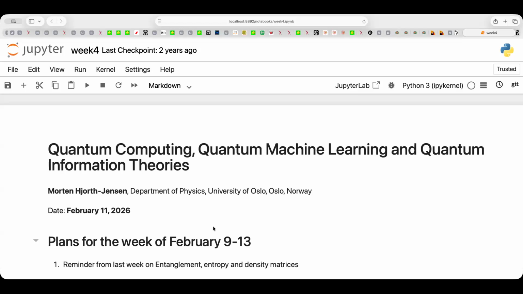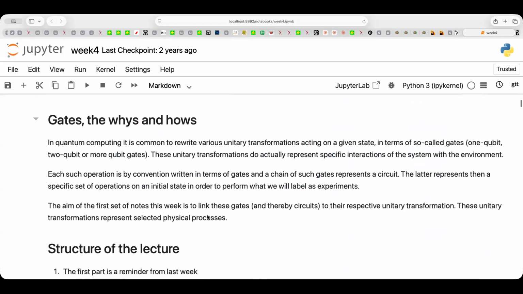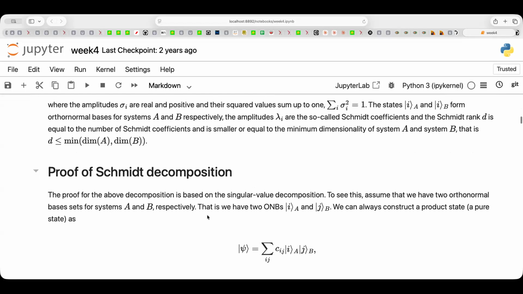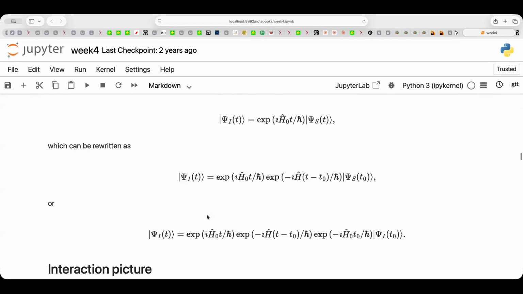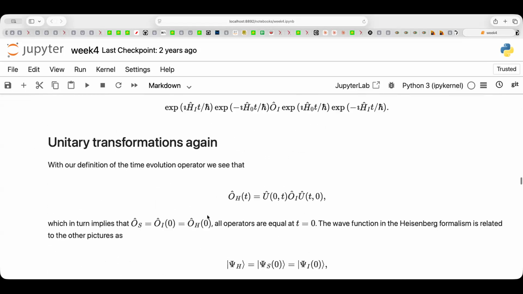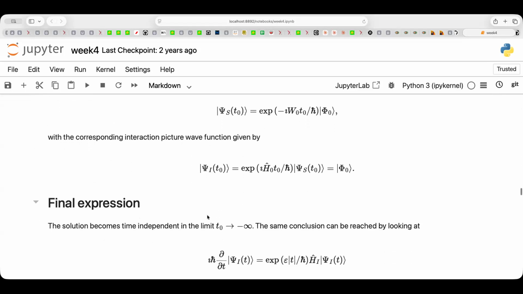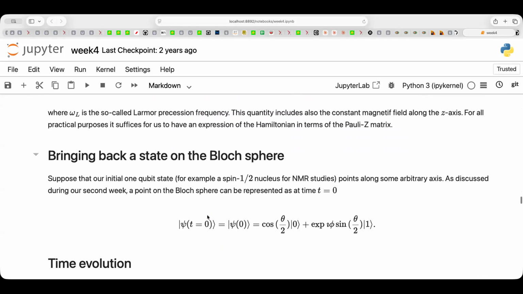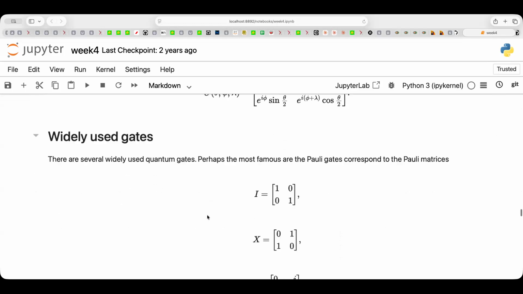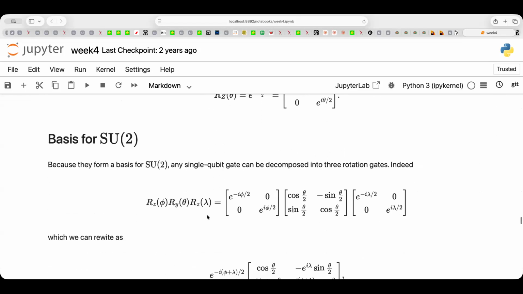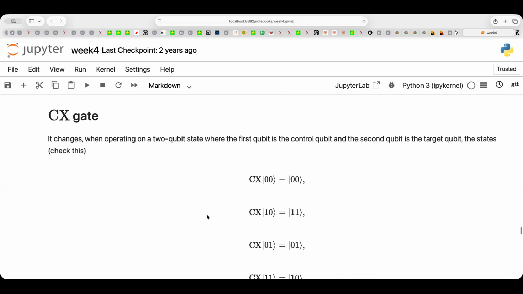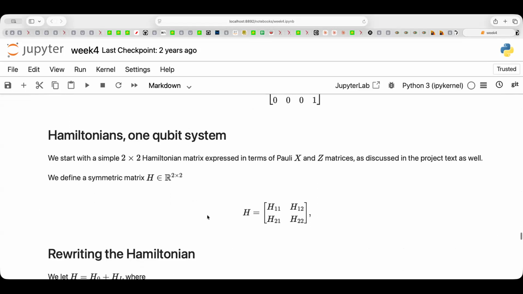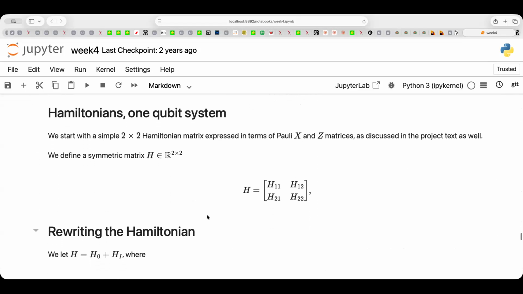So if you scroll down to basically the end of this week's Jupyter notebook, what you will find is a simple 1-qubit Hamiltonian. So you will basically find many of the same things which we've been discussing till now. So this is where we will start.